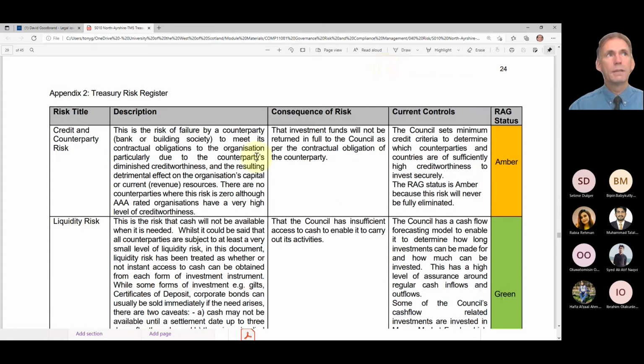There's a risk that a bank won't meet its contractual obligations. And you'll remember that actually happened 10, 15 years ago. Remember, banks went bust. Well, what happens if you had money in that bank? Well, you might not get it back.